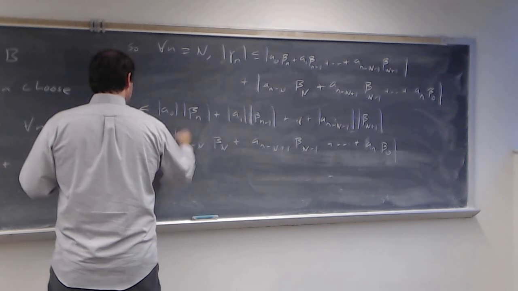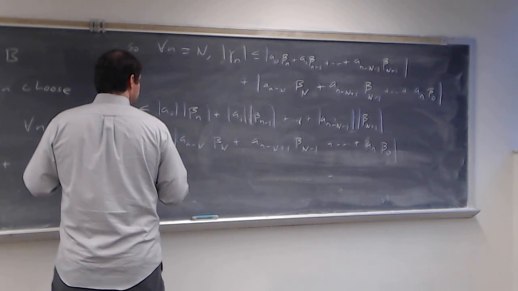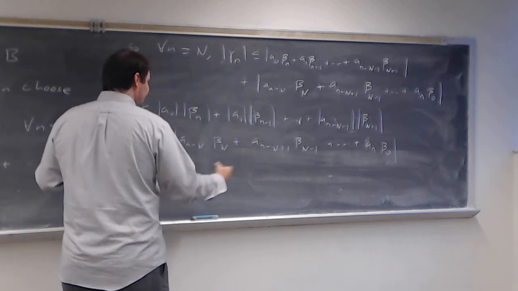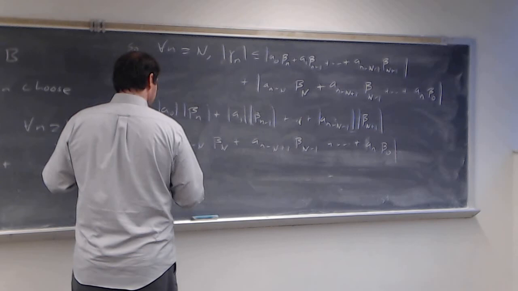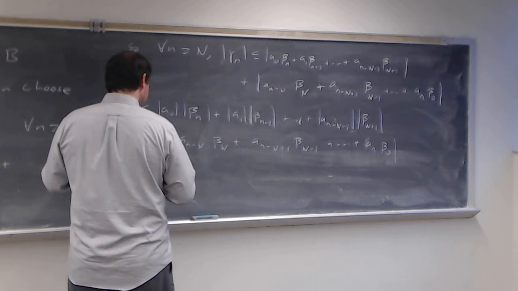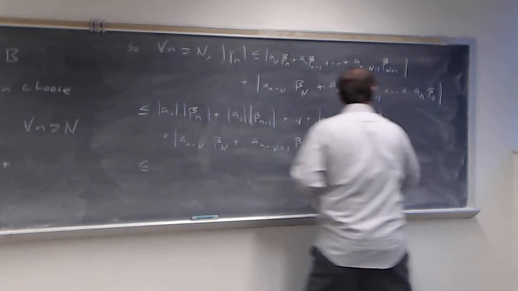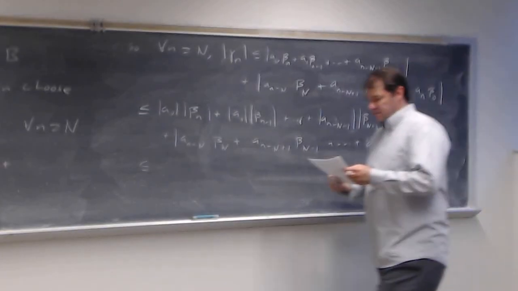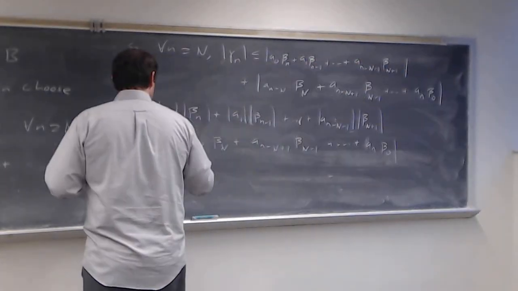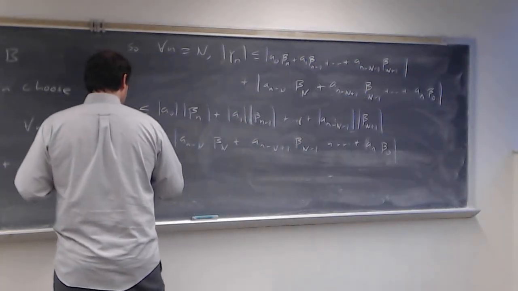Now, these beta sub n's are bigger than n. And every one of these indexes for the betas are bigger than n. And so that's going to be able to be replaced by something bigger, which is epsilon.